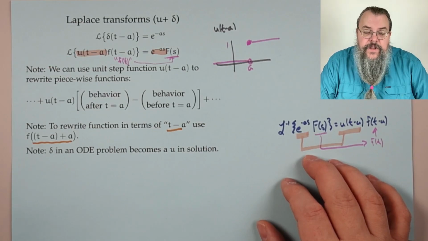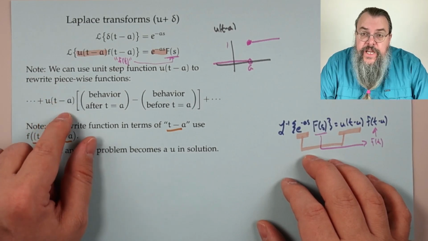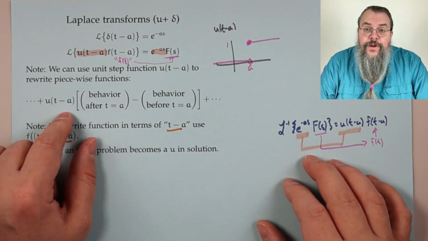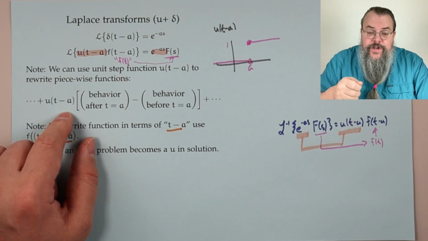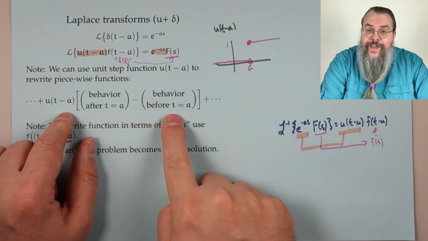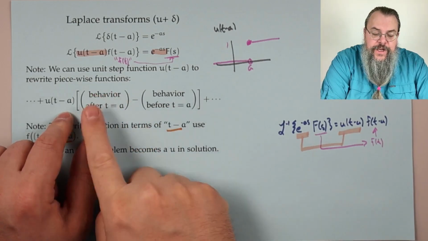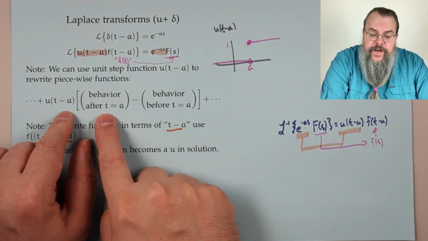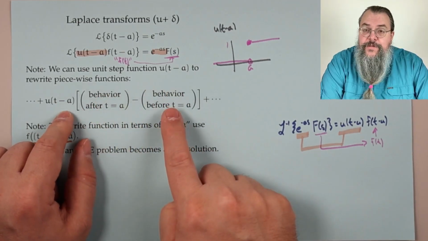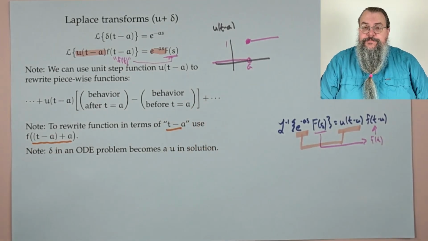We have the initial, and then we go along and suppose there is a change at time a. We need to turn off what happened before time a, so we subtract that. We need to turn on what's going to happen after time a, and so we add it. So it's u of t minus a, behavior after time a, subtract behavior before time a. And we do that for every time that there's a change.